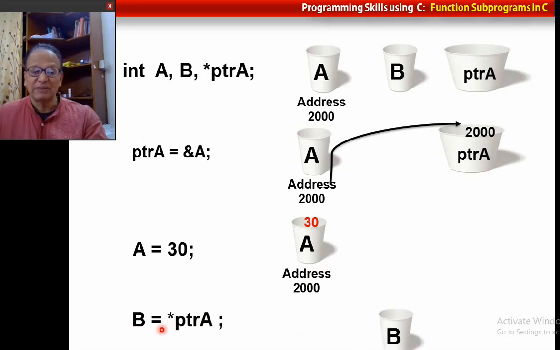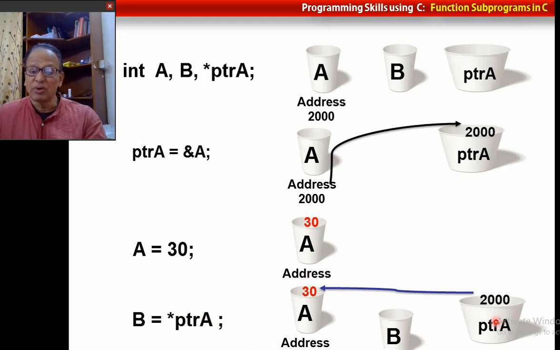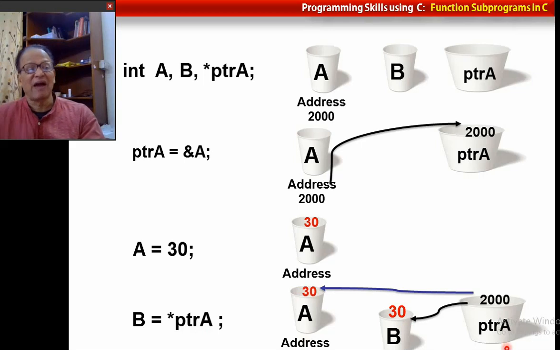So ptra points to the address 2000, there it contains 30, and that is assigned to b. So b will contain 30. So this is the graphic representation of a pointer variable and how to access the data at a given pointer. So that is made simple for you.